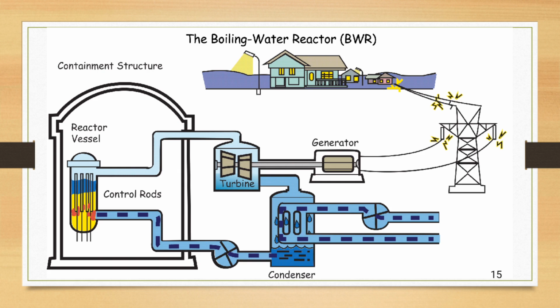The steam goes to the turbine, and the turbine uses its rotational energy to produce electricity with the help of a generator. The steam from the turbine is condensed by the condenser and pumped into the reaction vessel again.